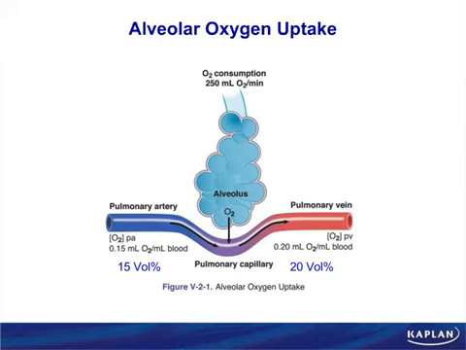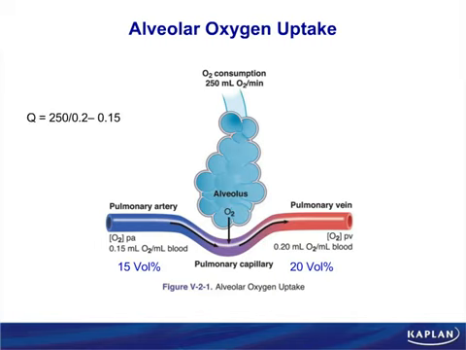On the pulmonary venous side, where we have arterial blood, it's 20 volume percent. We're going to convert that to 0.2 mils of oxygen per mil of blood. Now we can calculate the flow, knowing that flow is oxygen consumption over the AV-O2 difference.